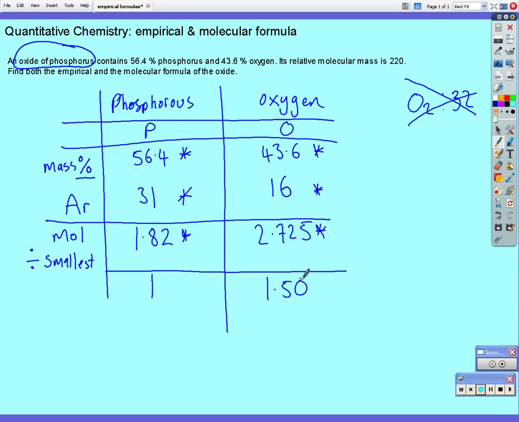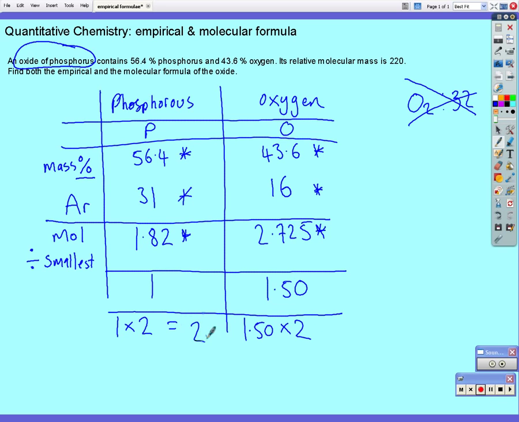Now, when we get to something like this, we do not say that 1.50 rounds up to 2. It's a long way away, okay? If it was 1.98, okay, that's nearly 2. If it was 1.1, okay, that's nearly 1. But if it's close to a half or a quarter, we're going to find the whole number ratio. And if we multiply 1 by 2, and if we multiply 1.50 by 2, we end up with whole numbers.